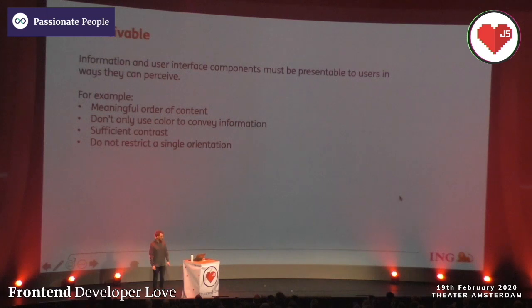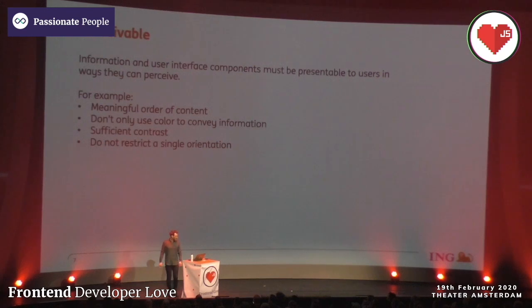So for instance, meaningful order of content. It should make sense to you if you read a page that it has a logical ordering, right? Next to that, don't only use color to convey information. So an example is you would have a red warning item on the page, but maybe some people cannot see that it is red, so it would be wise to put an icon there as well with an exclamation mark.